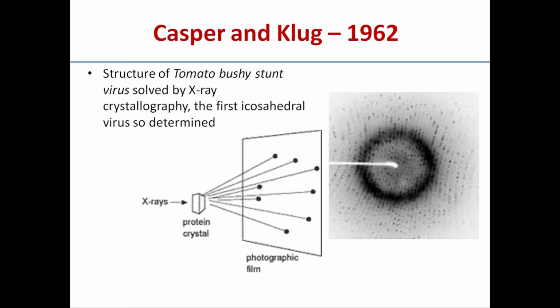So tomato bushy stunt virus was the first icosahedral virus for which the structure was determined by X-ray crystallography. Otherwise, we know already that tobacco mosaic virus is the first plant virus whose structure was solved by X-ray crystallography.